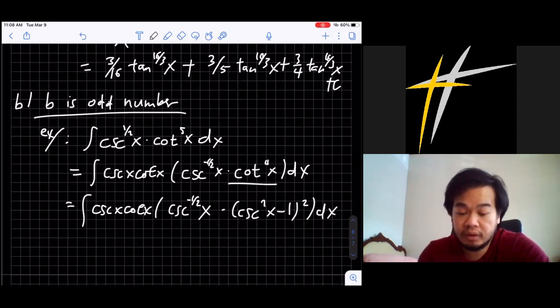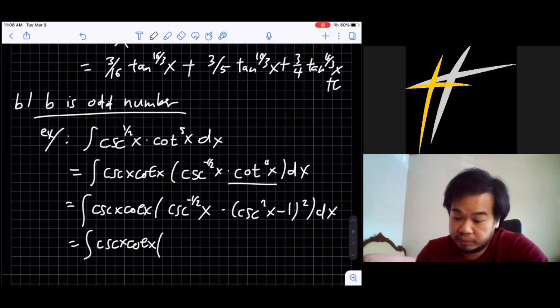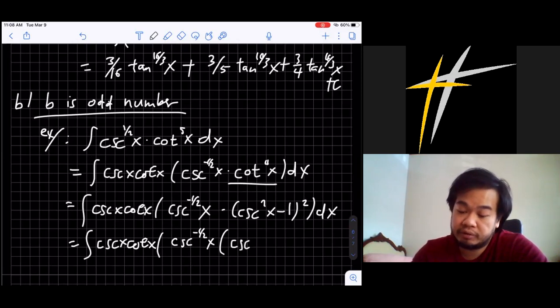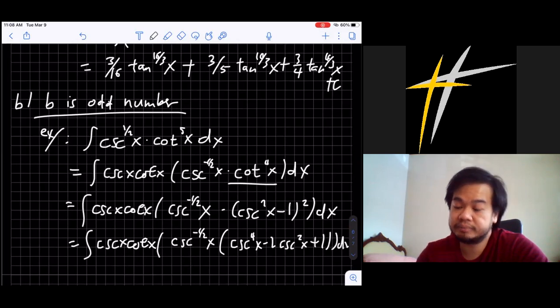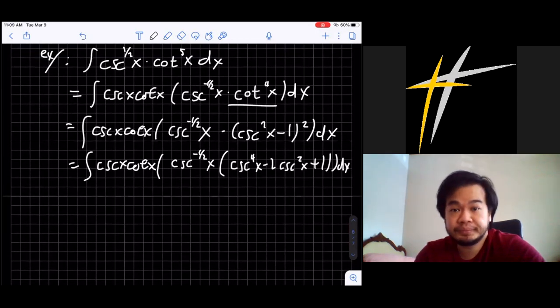Okay. So if I expand, then it's going to be cosecant x cotangent x multiplied by cosecant power of negative half x times cosecant power 4 x minus 2 cosecant square x plus 1 dx. Yeah, I hope you follow.